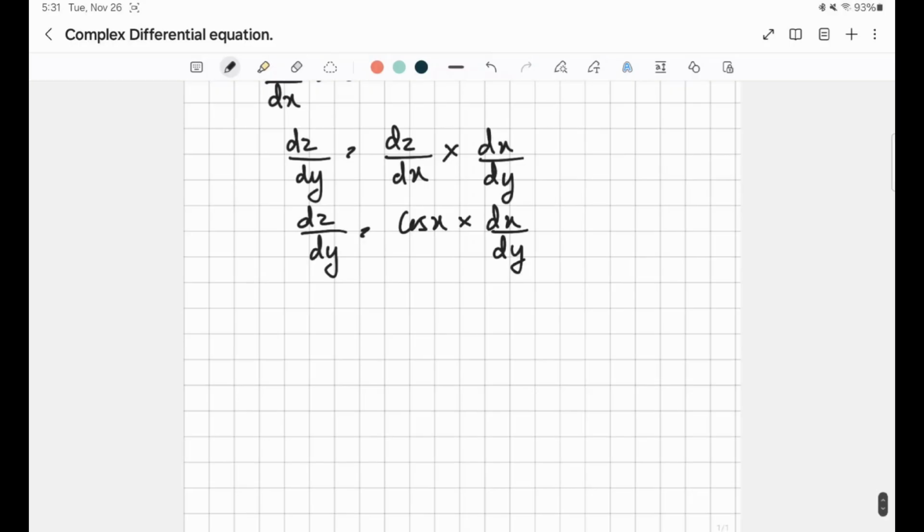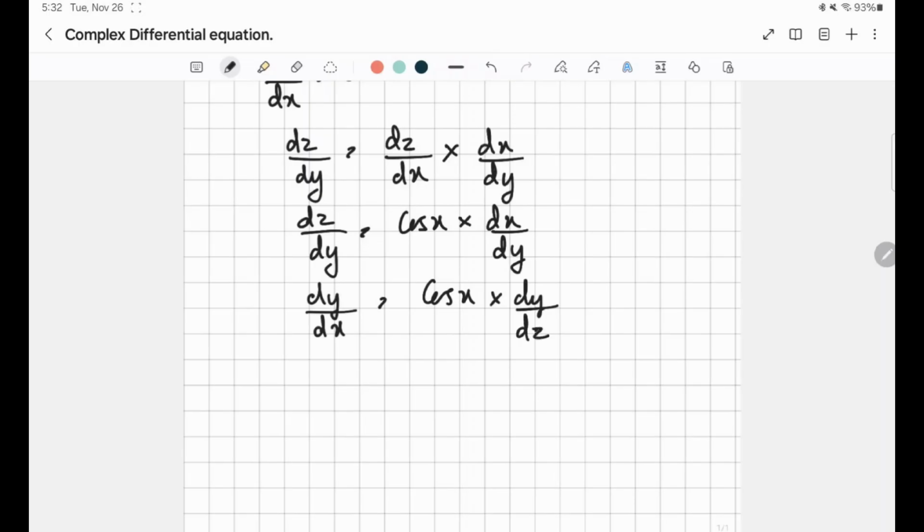You can also write this as dy over dx, putting dy in the numerator and dx in the denominator. So dy over dx equals cos x times dy over dz.